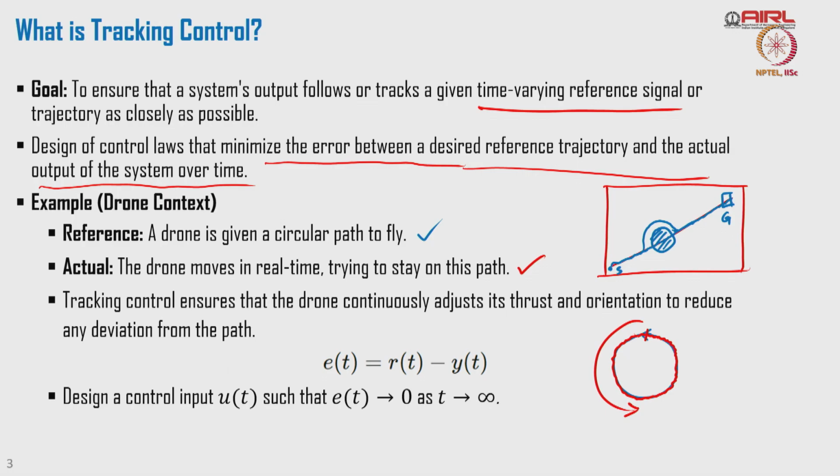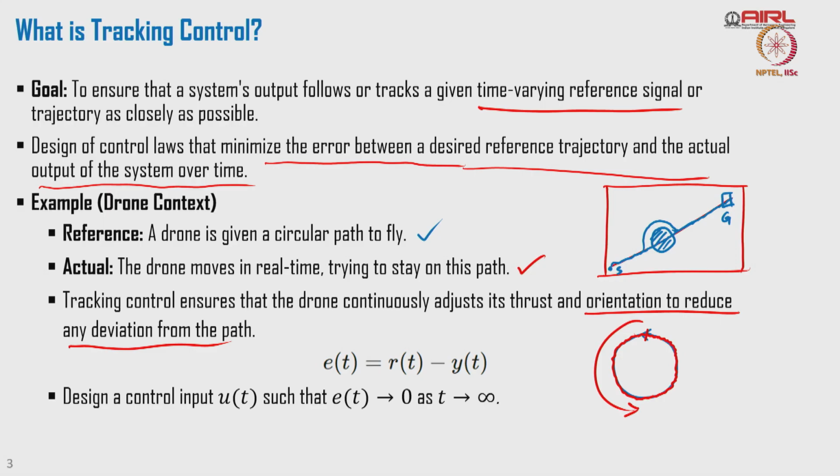Tracking control ensures that the drone continuously adjusts its thrust and orientation to reduce any deviation from this path. The reference trajectory is already given, but when the drone is trying to follow it, there might be some tracking error.